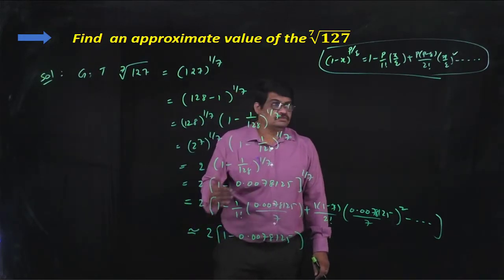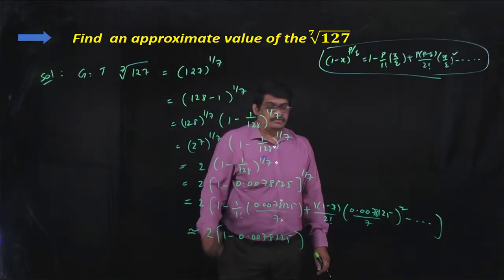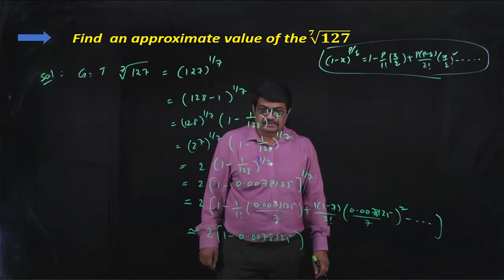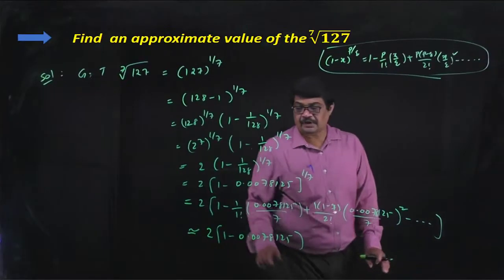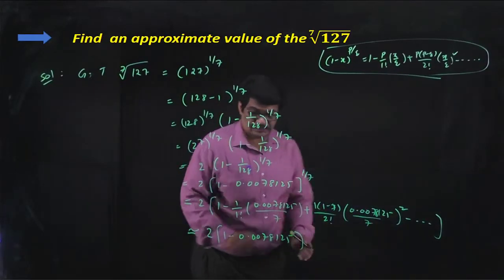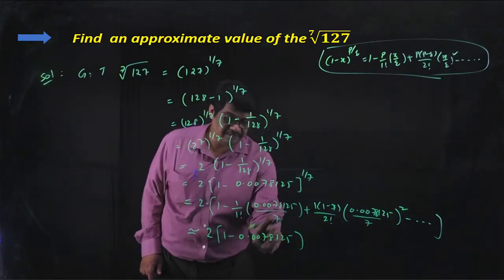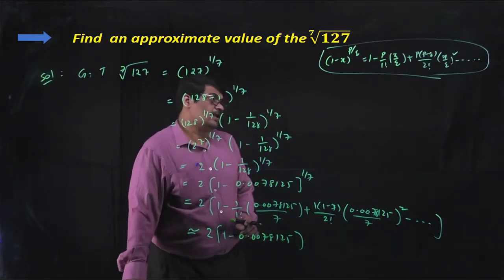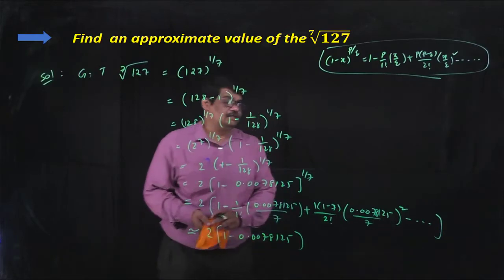Now we are dividing this. Then dividing by 7, we are getting this value.